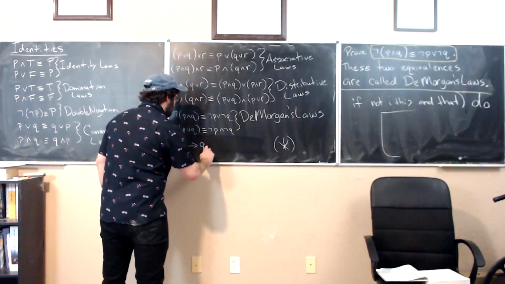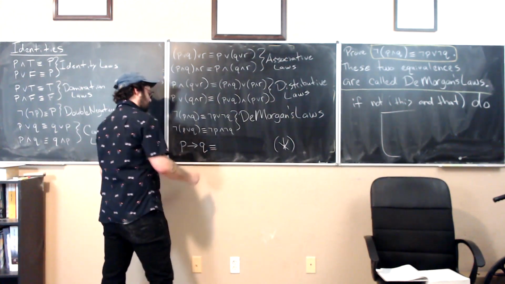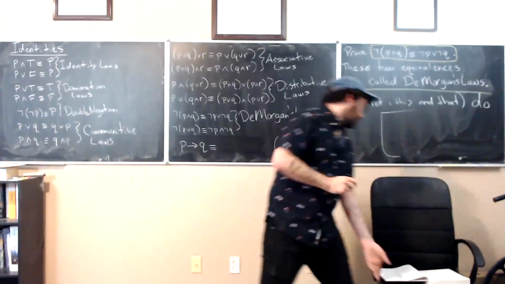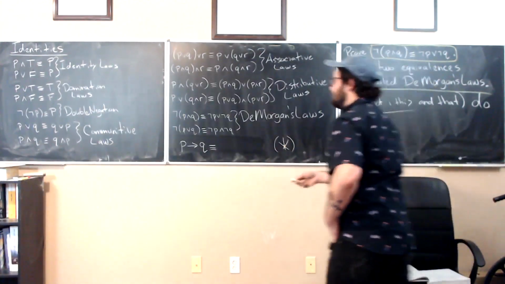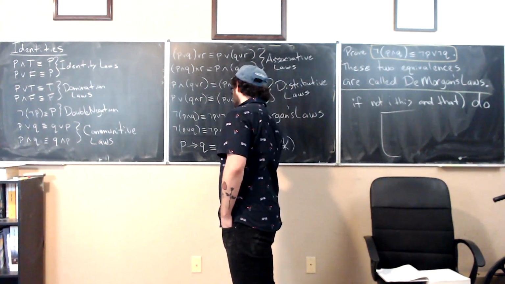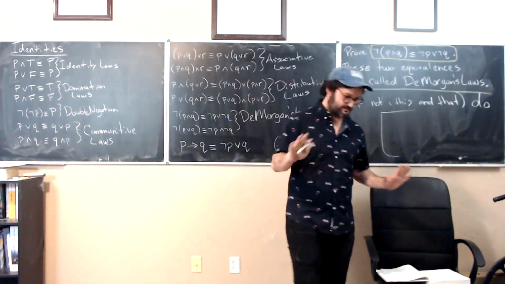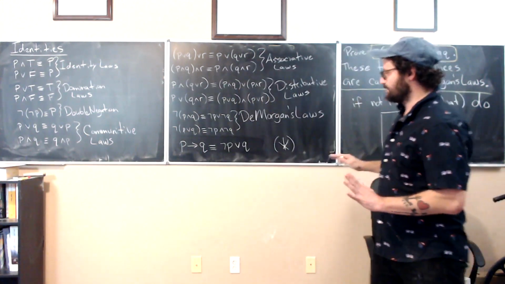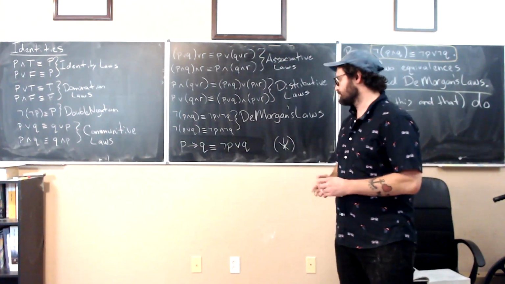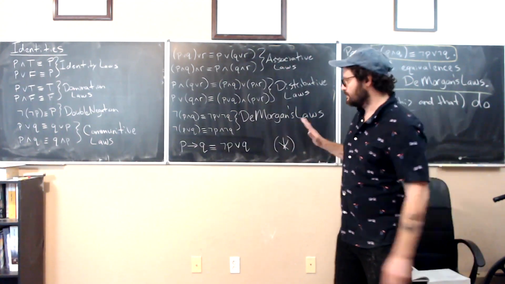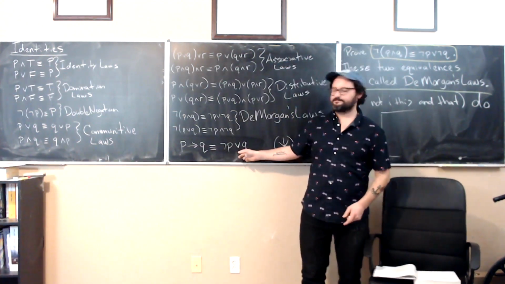It's without the negation sign. So the conditional is going to be, not P or Q. That's star. Can't believe I just forgot that, but as I mentioned at the beginning of the lecture, I had some bad news before class and I'm still a little off. But yeah, this is star.